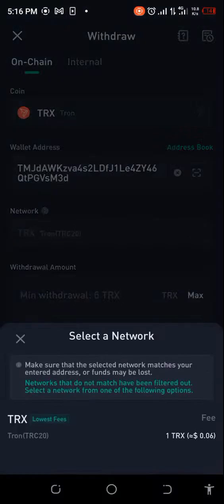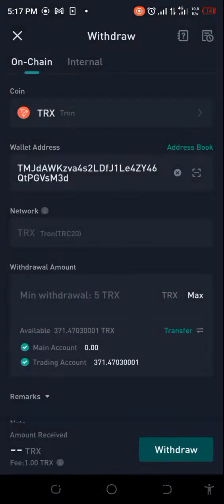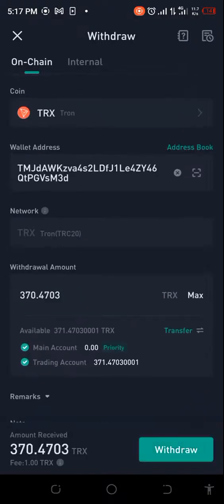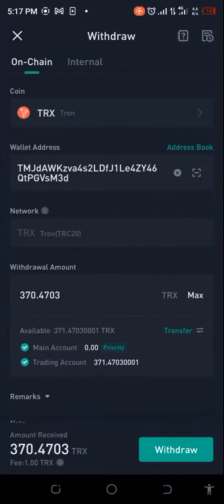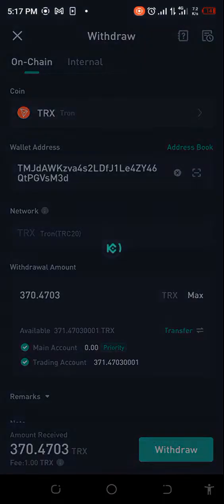The network is TRC20, obviously, and that's 1 TRX. Okay, max, everything. Of course, it's going to take its own delivery fee, which is 1 TRX, okay? So that's what it's going to give us. Let's now click on withdraw.